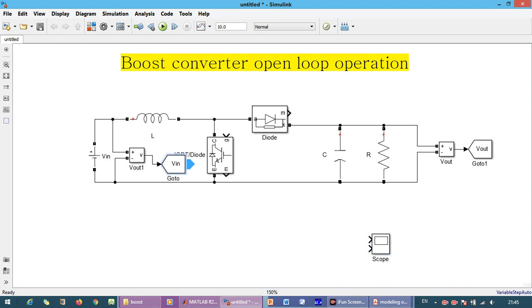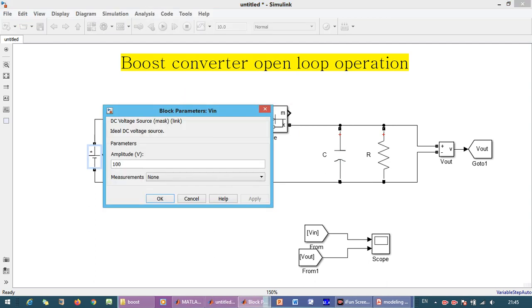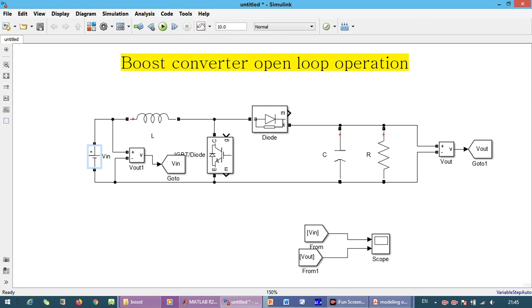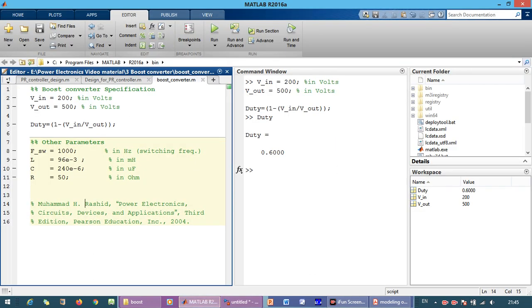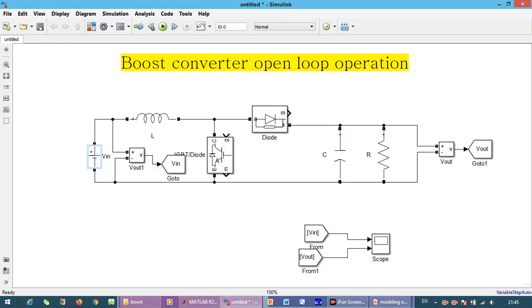Now we are just connecting the blocks, input block with the scope. Then our input voltage is 200 volt, and the inductor is 96 millihenry, and the capacitor is 240 microfarad.